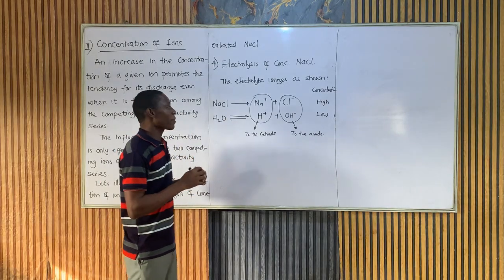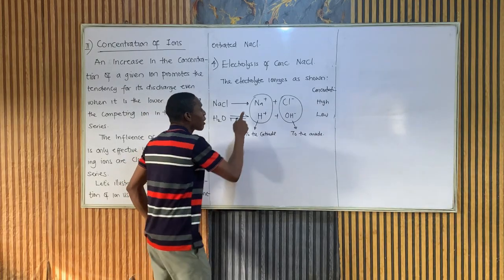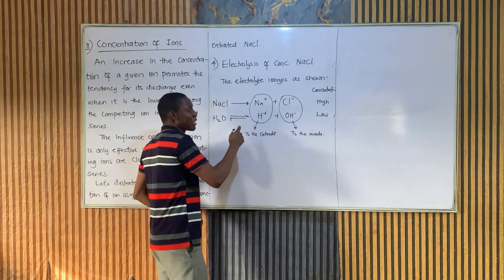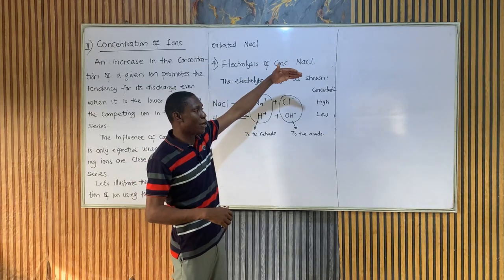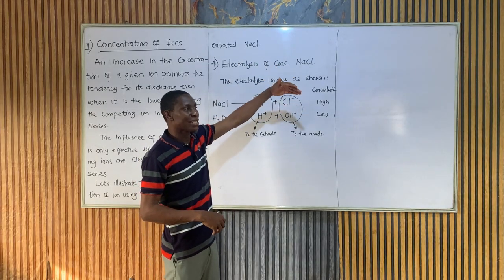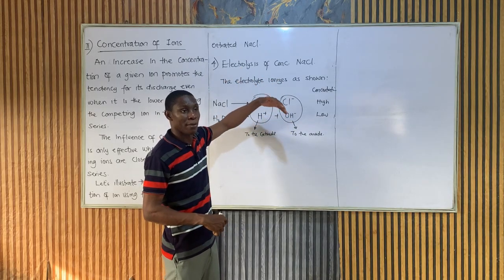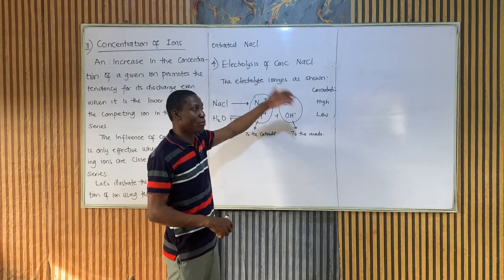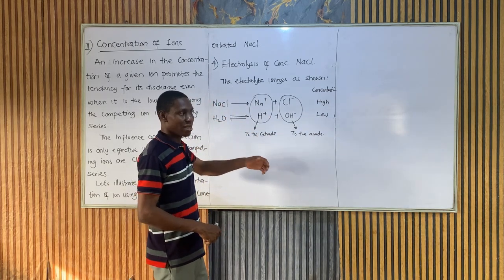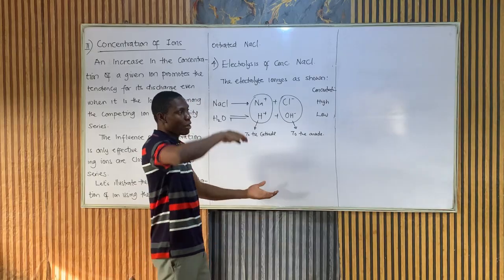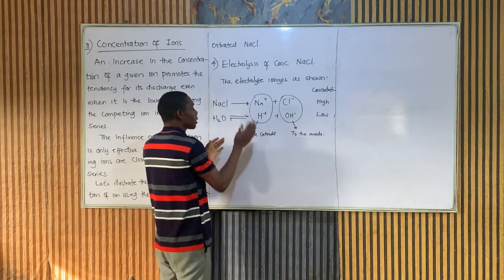That's because concentration has become ineffective here. Why? Because sodium ion and hydrogen ion are far apart in the activity series. You know, we have potassium, sodium, calcium, magnesium, aluminium, zinc, iron, tin, lead, before hydrogen. So they are far apart, and the concentration of sodium does nothing here.